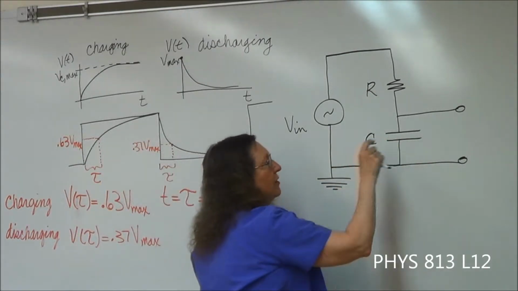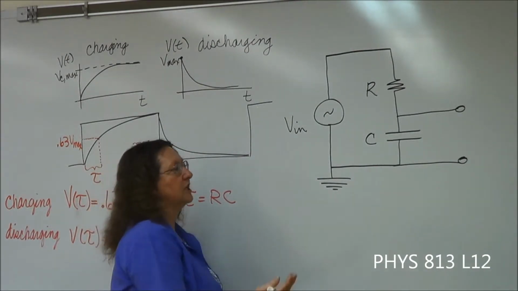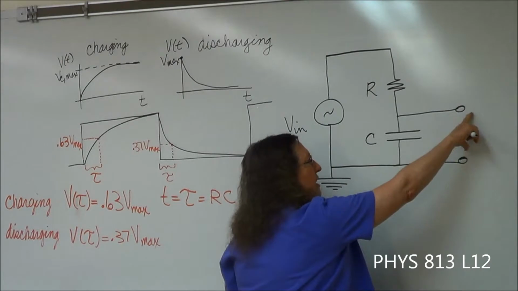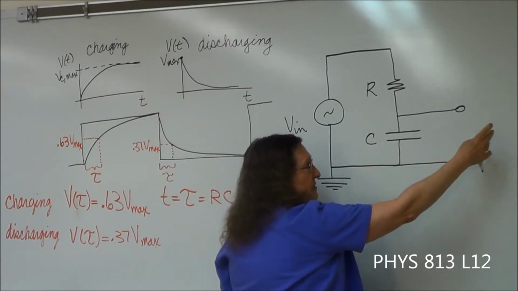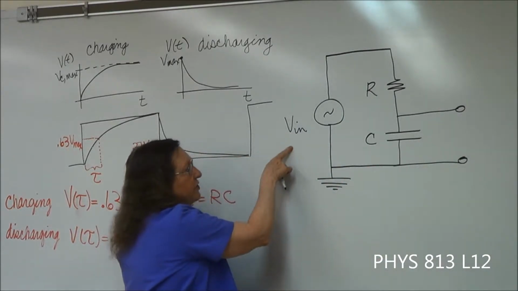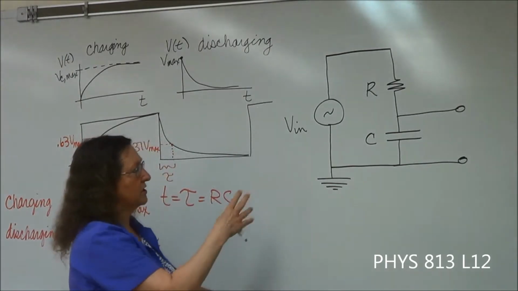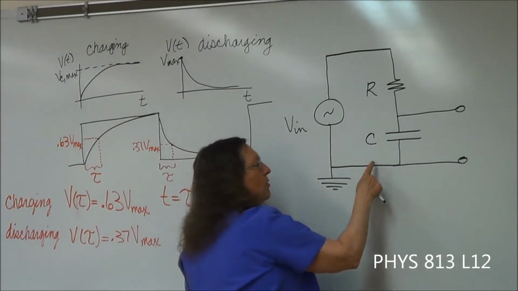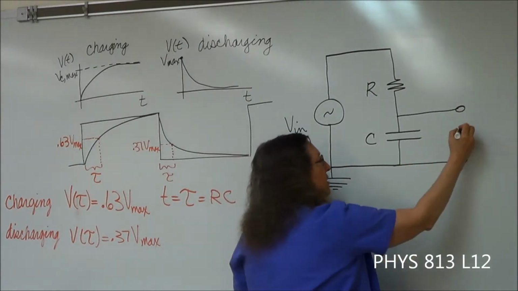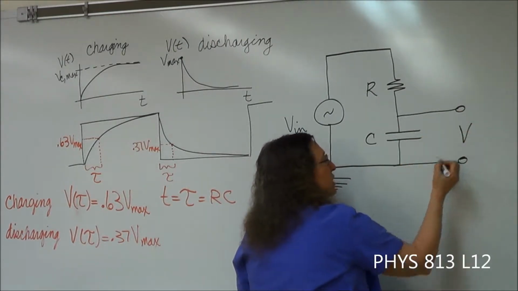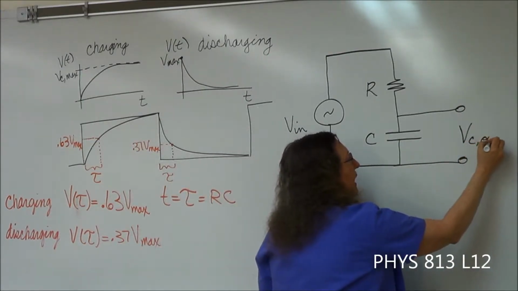And voltage out is not a voltage going out like current. Voltage out means that you're measuring across something, and basically that's what you're measuring. And the voltage in is what's there to begin with, and that's what's driving the circuit. So the standard thing is to put two little lines here with the open circles here, and we're going to call this voltage out. I am going to subscript it with a C and then put out.